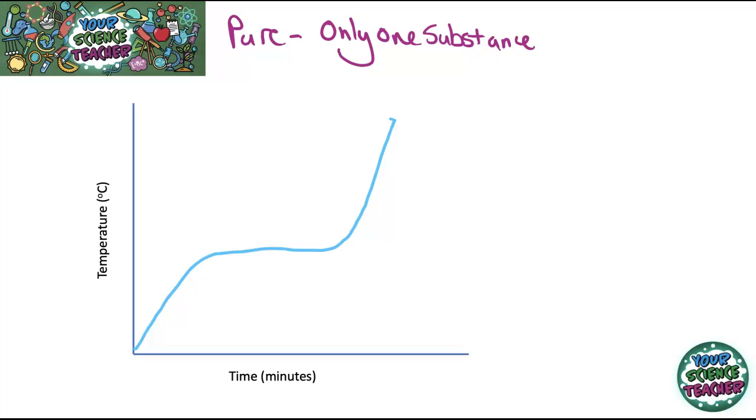However, if you have a mixture, you'll get a different type of heating curve. You will have no real clear melting point. It'll kind of look like this. And the reason for that is you've got different substances in there and all of them have different melting points. It is really important as well to get the fact that in chemistry, the definition of pure might be different to the definition of pure in everyday life.